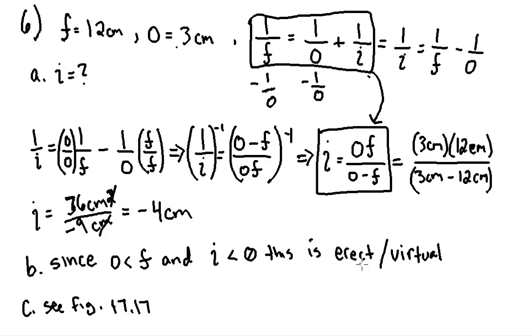Erect just means it's oriented in the same direction as the actual object, and virtual means that light does not actually diverge from that point, but it appears to because of the way that our brains understand things. So I'm not going to try to draw this. See figure 1717. If you were listening to me before I started this problem, you know which figure to refer to help you with your drawing of figure 17.16.